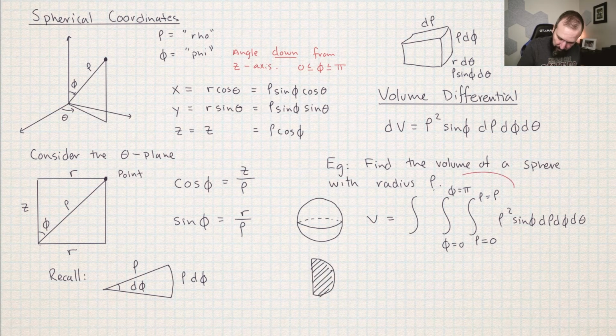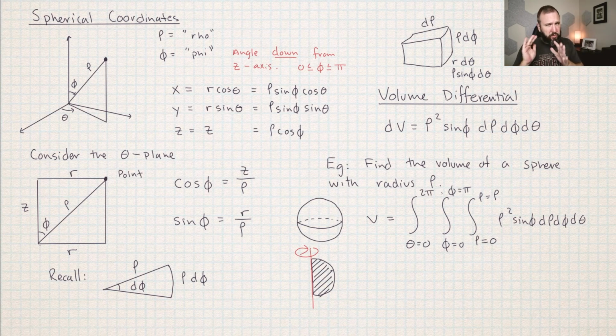That's what these two limits of integration mean. Now, if you take a half of a disk and you rotate it all the way around, that is going to make one complete sphere. So this means theta is going to go from 0 to 2 pi. Okay, so there we've done it.